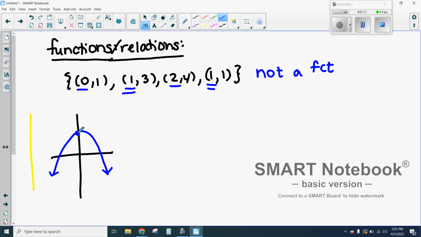So maybe this is the point (0, 3). This is the point (2, 0). And I said, well, I'm going to give this function a name. So this one is a function because it passes the vertical line test.